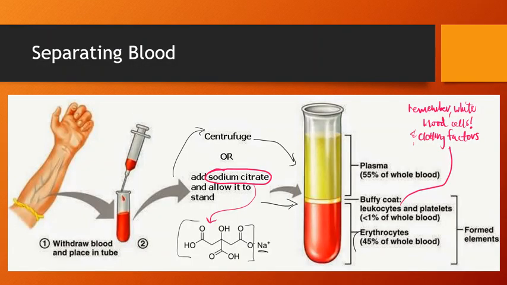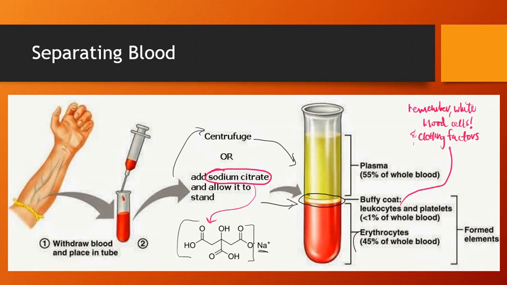All right, so if I go back to this diagram, it looks like there's kind of a layer in between here. In between the plasma and the red blood cells, there's this thing called a buffy coat. Doesn't that sound all nice, warm, and inviting? I want to wear my buffy coat for winter. That buffy coat represents the leukocytes and the platelets.